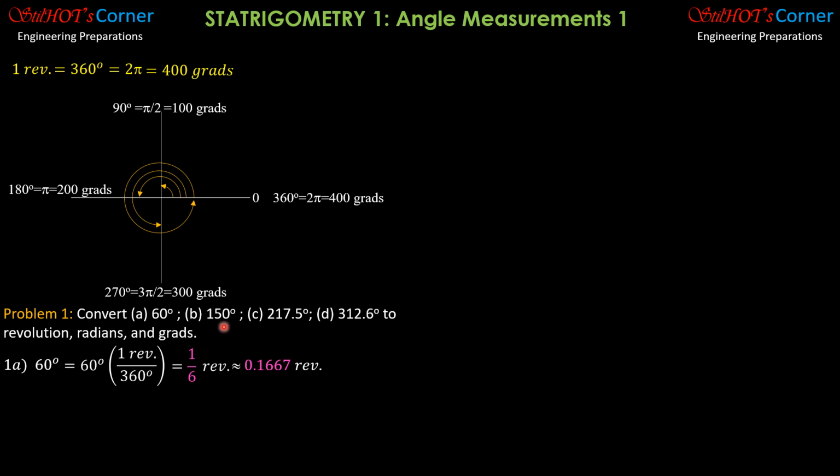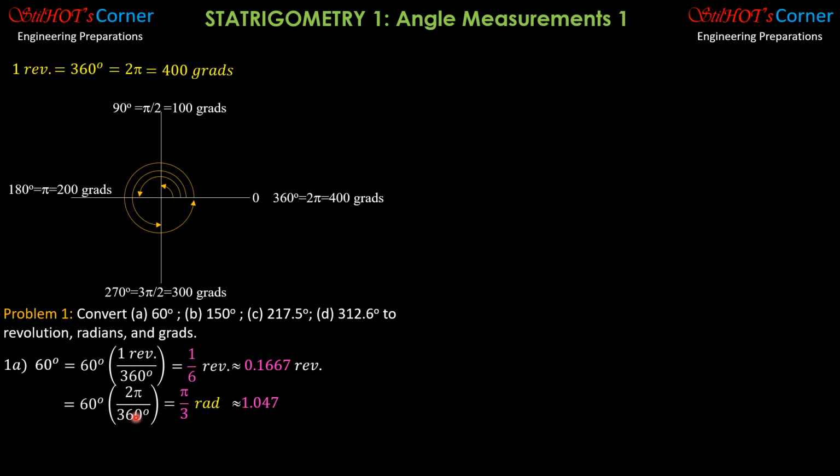Then this is equal to 60 degrees times 2 pi radians per 360 degrees. Therefore it is equal to pi over 3 radians, or you may put the decimal. Pi over 3 is 1.047 radians.